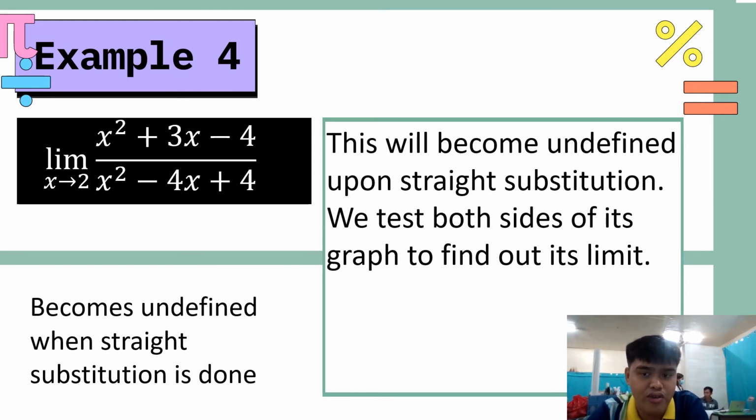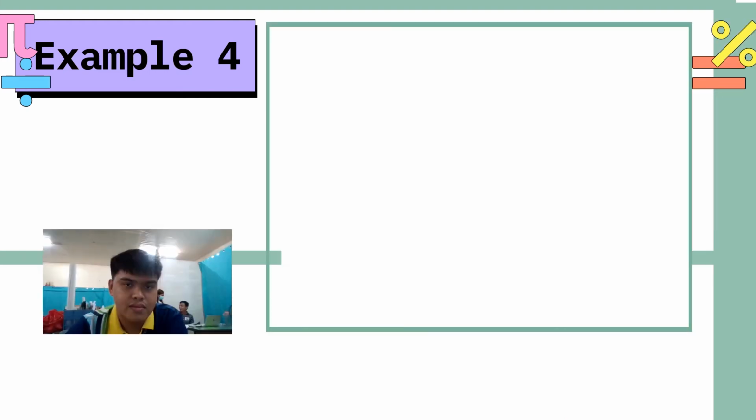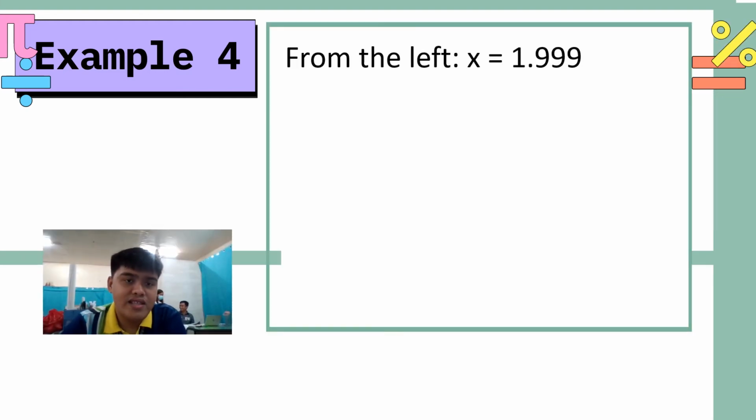But we need to test first both sides of the graph to find out its limit, whether it's negative or it's positive. Now, we test from both sides of the approached value 2. Now, we pick a number that is less than 2, but very close to 2. So it's x equals 1.999.